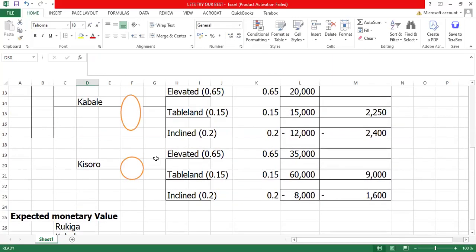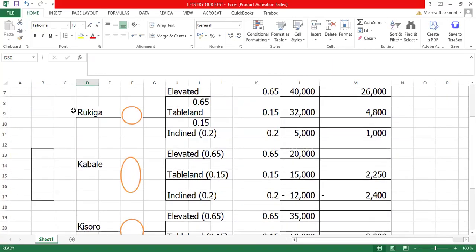So how do you get expected monetary value? You have the branch. This is your branch for Ruchiga. Simply move and add all the expected values you have.